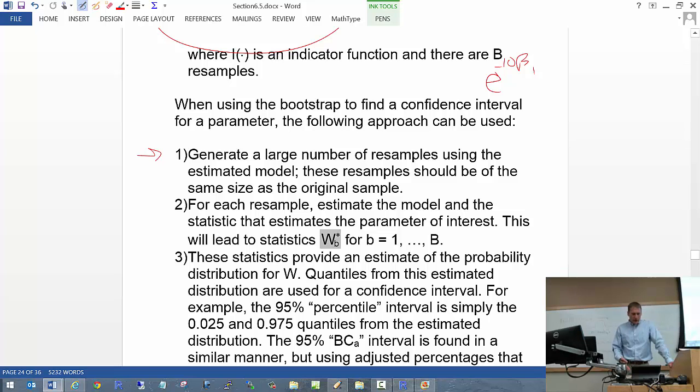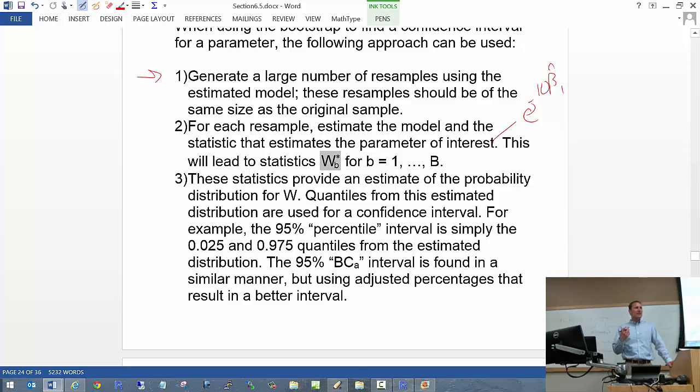Again, generate a large number of resamples using the estimated model of interest. So maybe my model of interest does have the random effect in there, and it does have distance in there. Then, for each resample, estimate the model and the statistic that estimates the parameter of interest. So here, e^(-10 beta hat 1). I'm going to calculate that 2,000 times for 2,000 simulated data sets, 2,000 resamples.